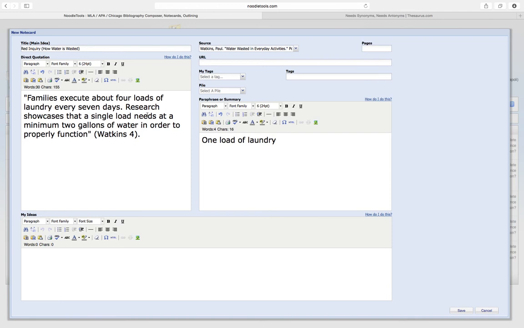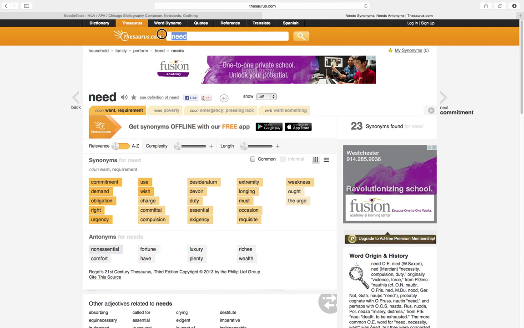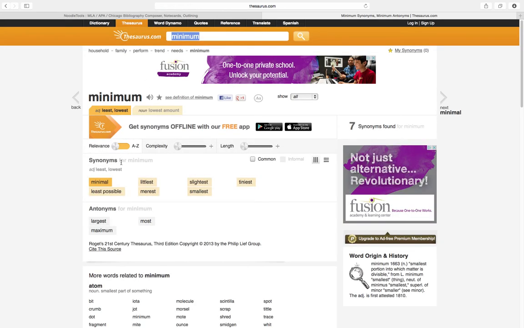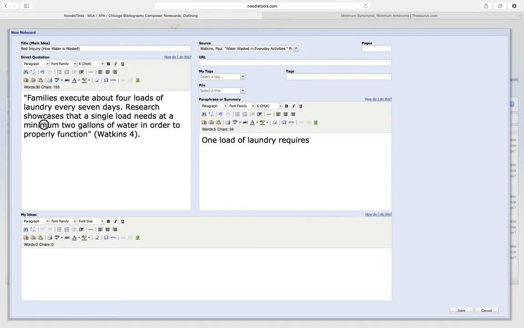So 1 load of laundry requires. Now at a minimum, I'm going to put in minimum. I'm using synonyms. So minimum, least. Again, least possible. So instead of minimum, the author uses it, requires at least.